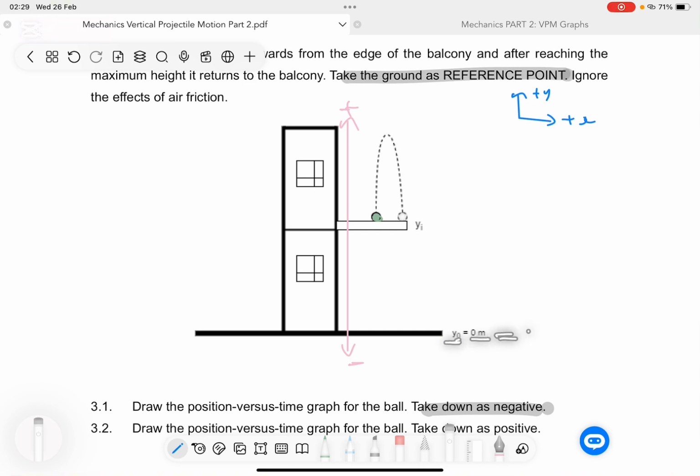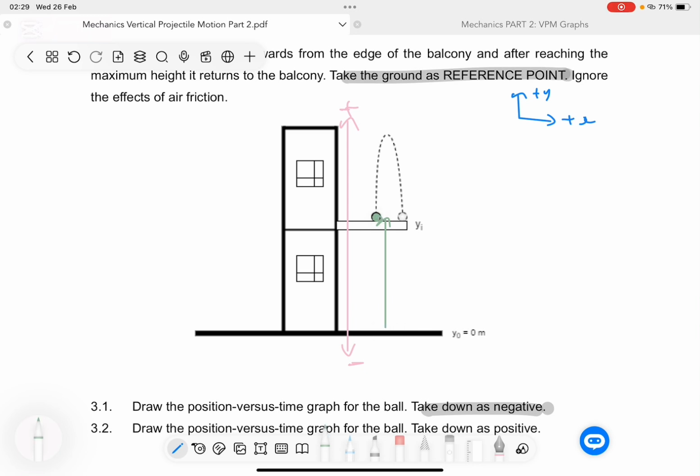It is not equal to yi because the initial position of the ball is here. The ball starts at the balcony at some height away from the reference point. That means that our initial position is a vector that moves from 0 to here. It is this vector here, yi. It is some height, let's say 10 meters, maybe 5 meters, or 15 meters, whatever the case that it might be, but it's not 0. It's a position that is measured from 0 to that height there.